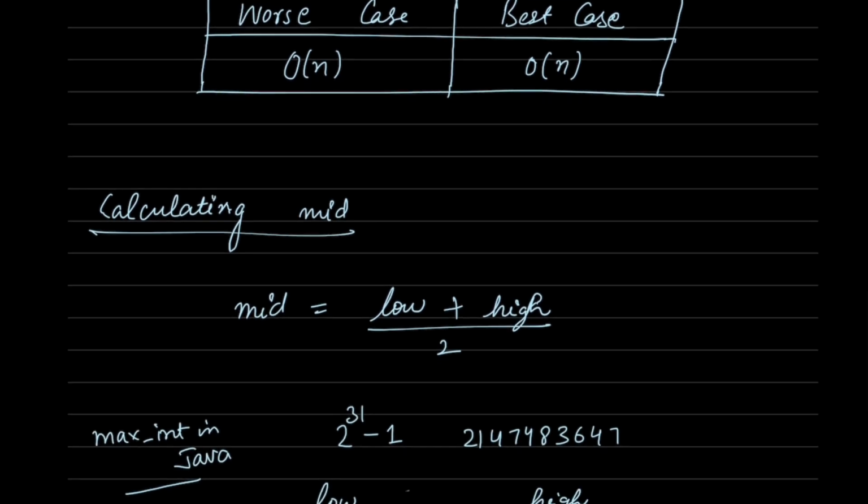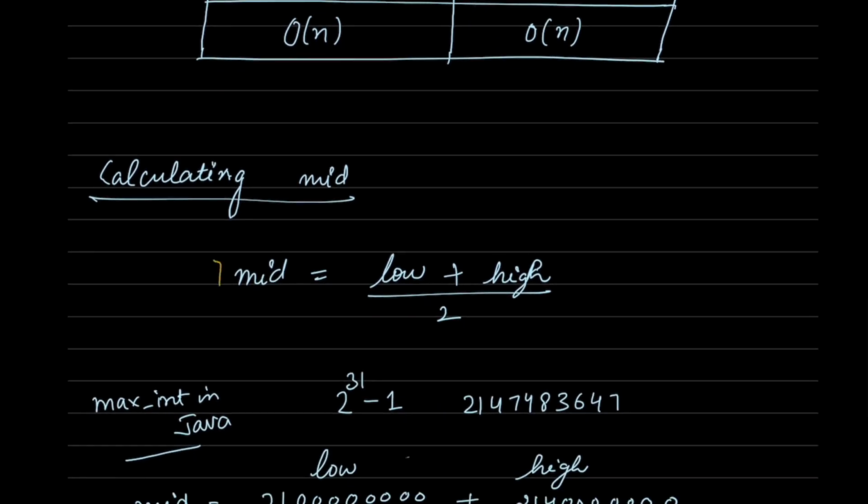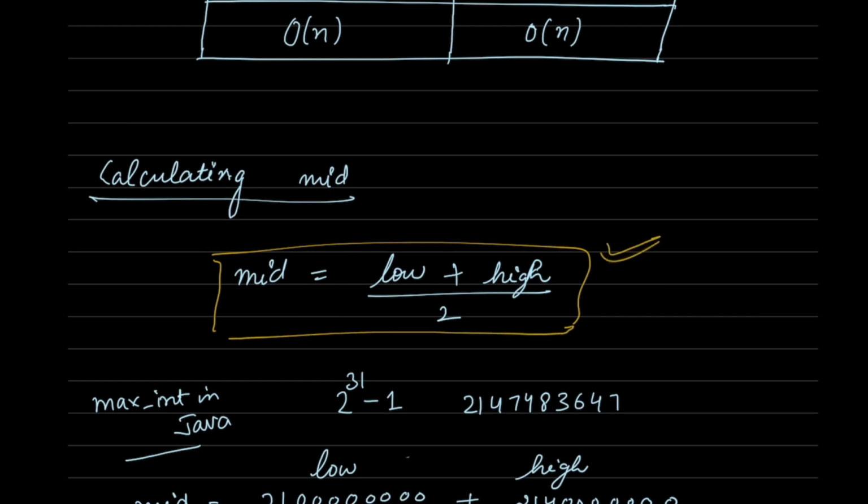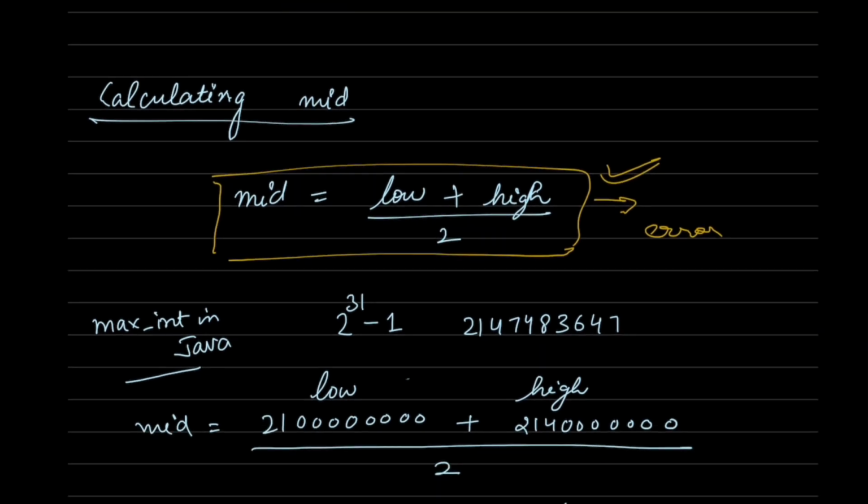Now what we talked about was that we are using this formula, low plus high upon 2, for calculating the limit. This does give us the right answer, but in some cases this might give us an incorrect answer or an error, because, for example, the maximum int value in Java is 2 raised to power 31 minus 1, which is approximately equal to this value.